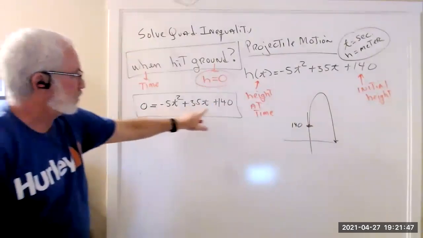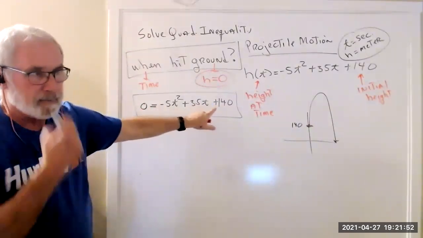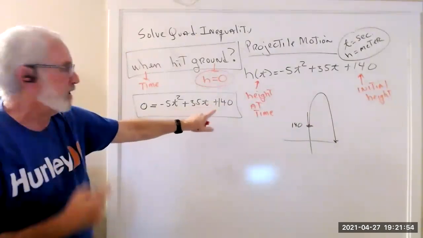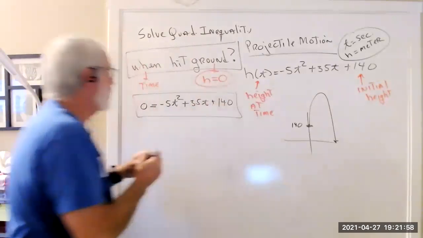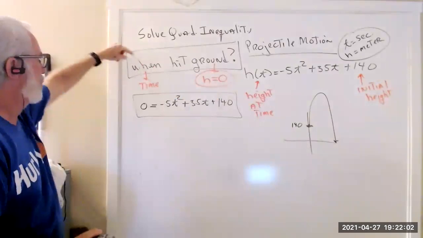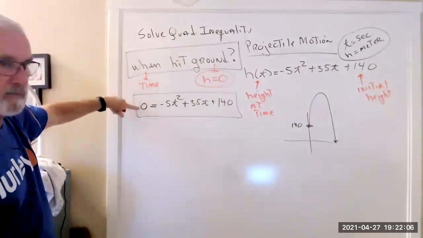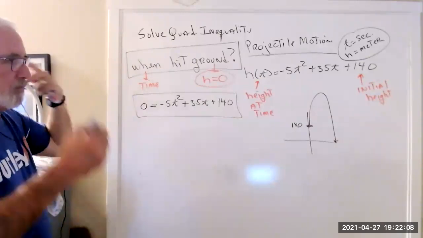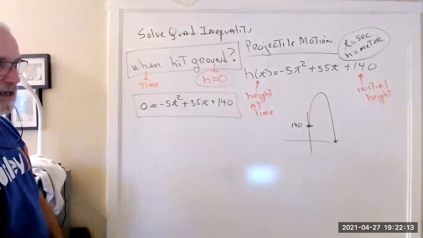And notice if we solve this equation, we'll be solving for time. When does it hit the ground? And ground always means height is 0. So h is 0 right there. What's up? Do you guys need me to solve it from there, or is that okay?